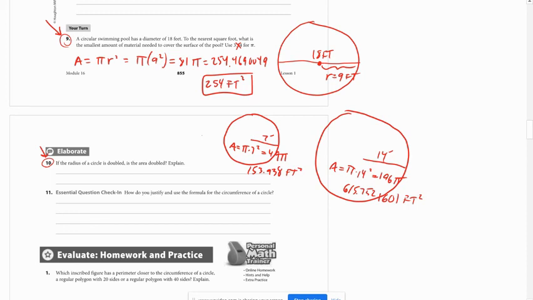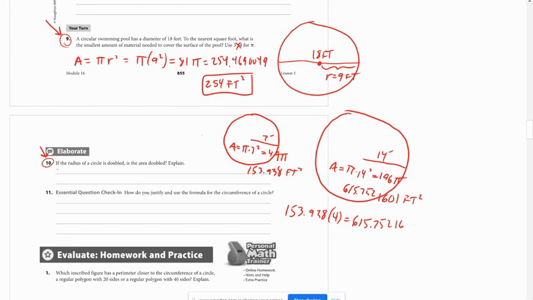When we double the radius, the area is not doubled. It's actually 4 times as large. If you multiply 153.938 times 4, you will get 615.75216. So when you double the radius, the area is actually 4 times as large.